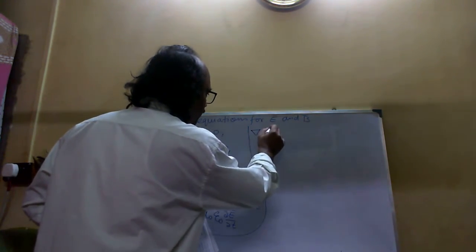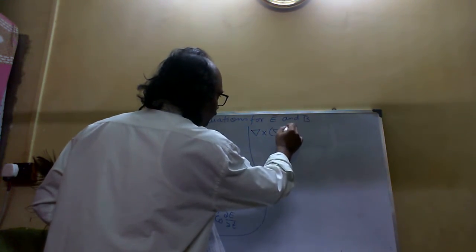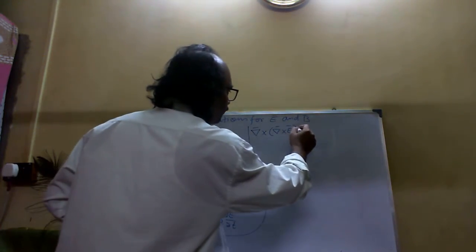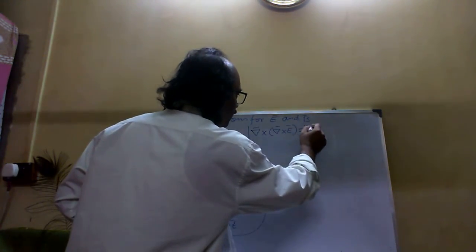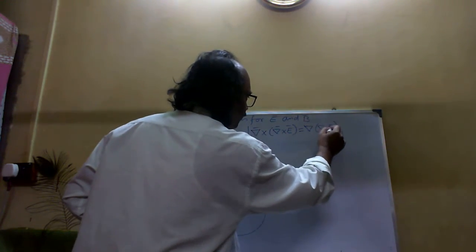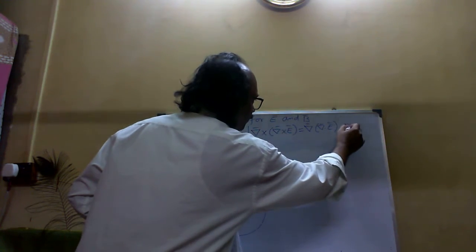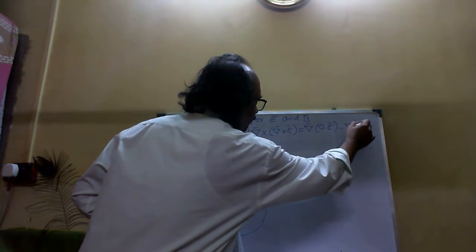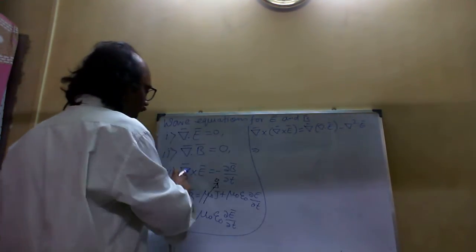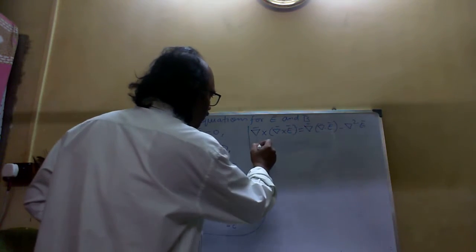The vector identity for electric field is curl of curl E, which is gradient of divergence E minus del square E. Now we know curl E is equal to minus del B by del t, so we'll put that one.